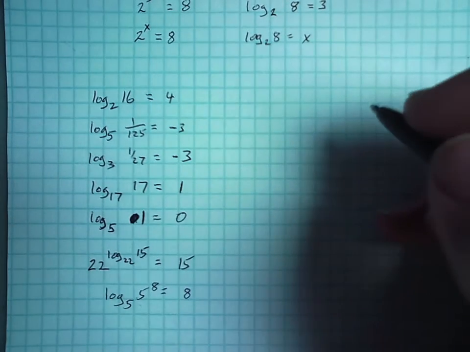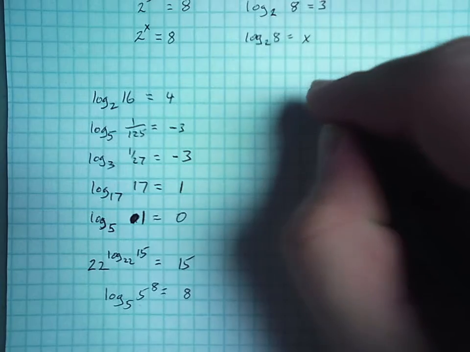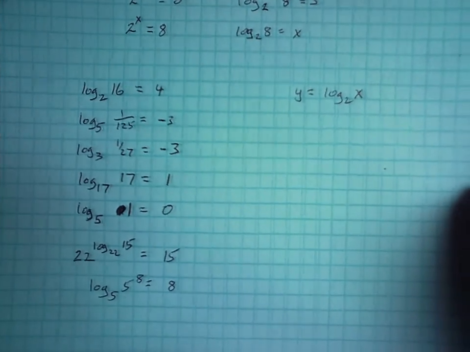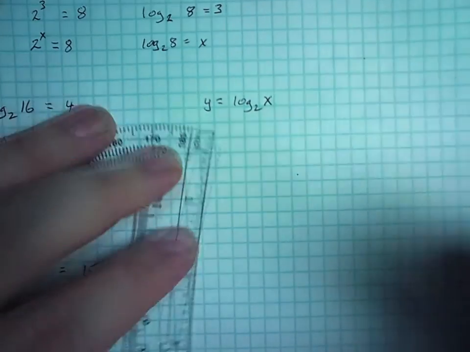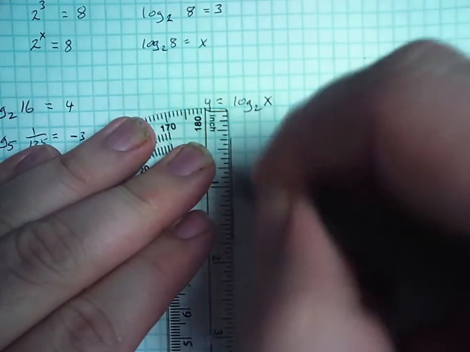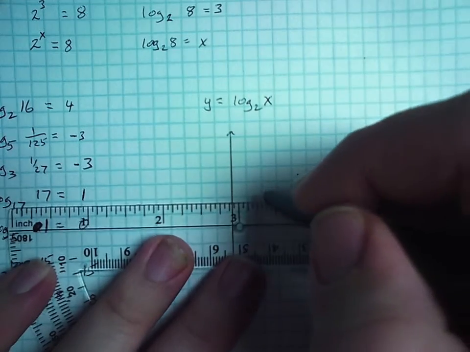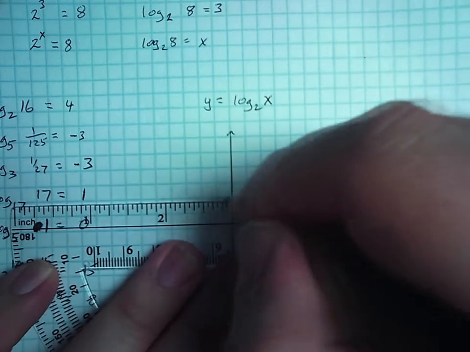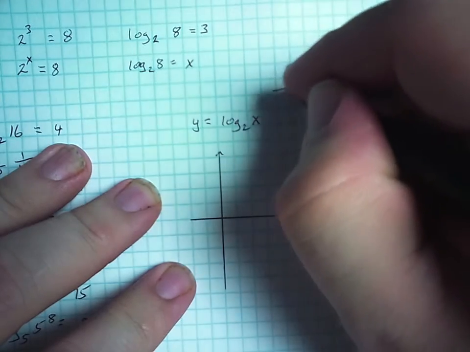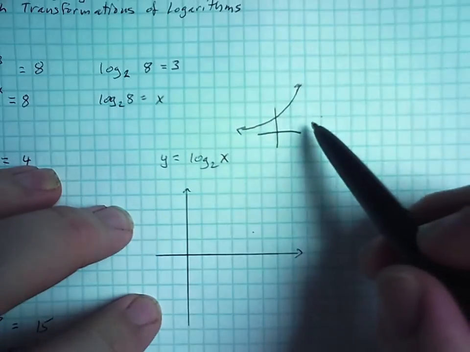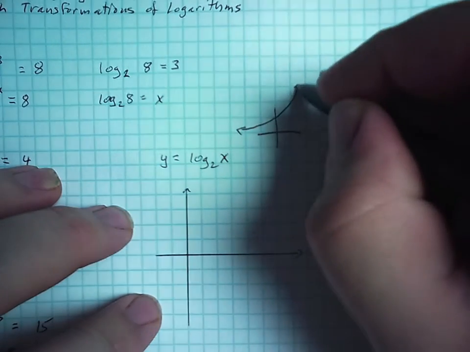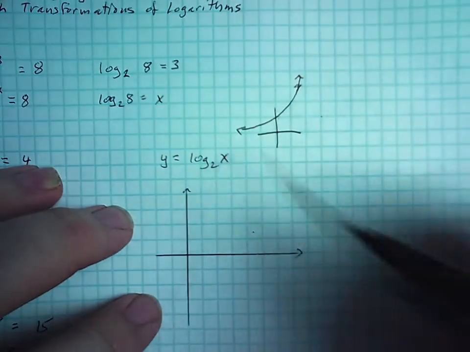Okay, graphing basic logarithm functions. The most basic one I can think of is log base 2 of x. So we'll start there. Because this is the inverse of 2 to the x, we can expect that the graph will have some similarities to the graph of y equals 2 to the x, which, if you'll remember, was a swoosh like so, where it went through (0, 1) and (1, 2), and curved up toward infinity pretty steeply and had a horizontal asymptote over here.